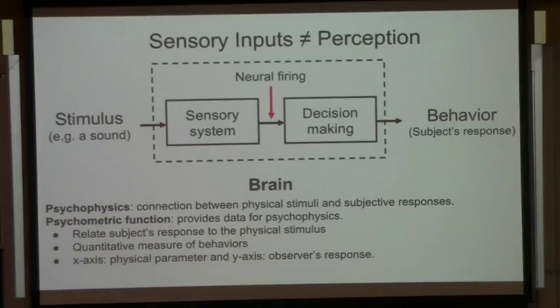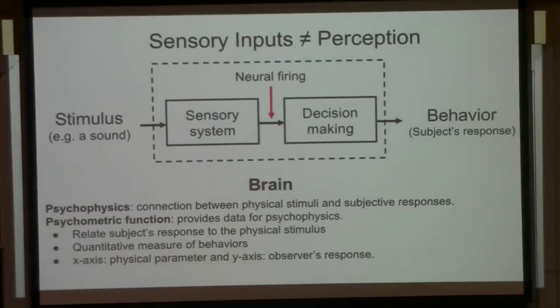Now, what is a psychometric function? A psychometric function is the data for psychophysics. Hence, it relates quantitatively the subject's behavior to the physical stimulus. It's a quantitative measure, remember that, and it measures behavior.